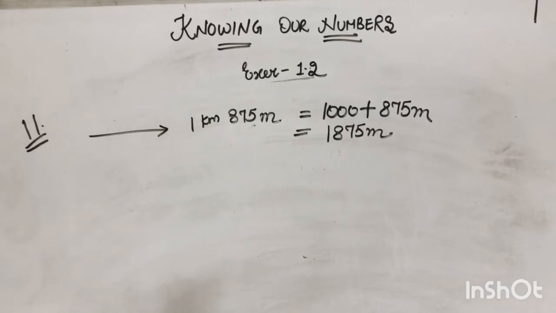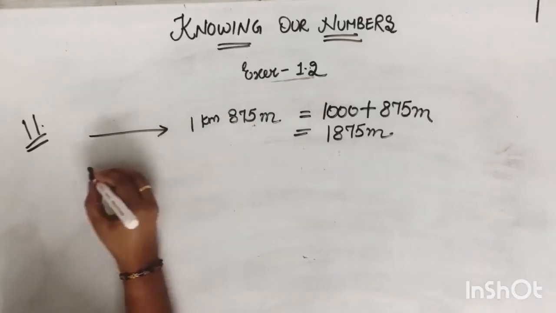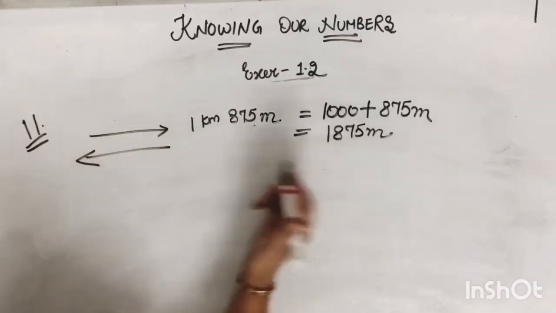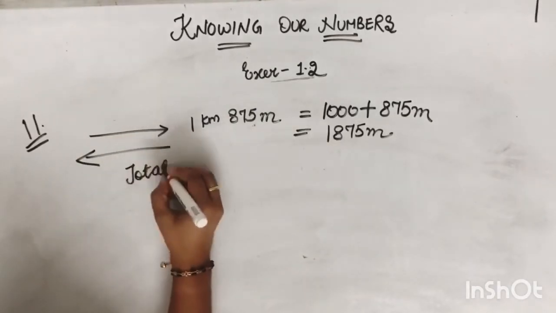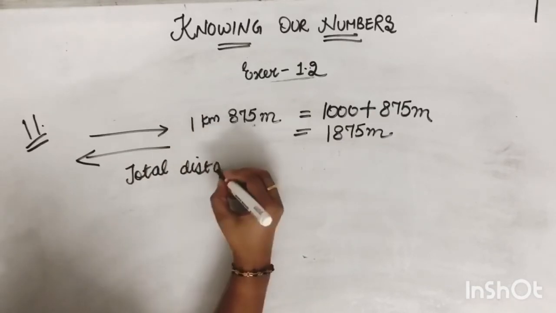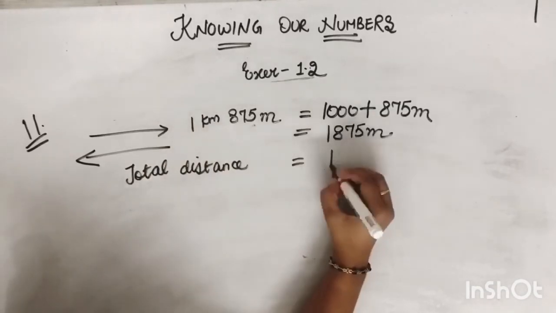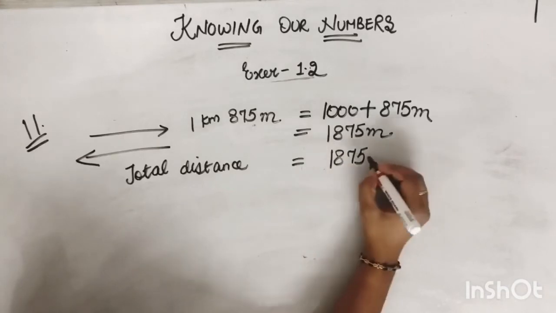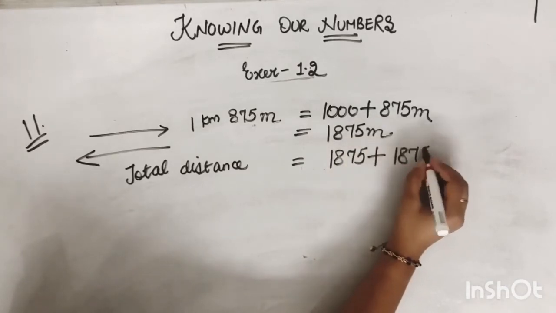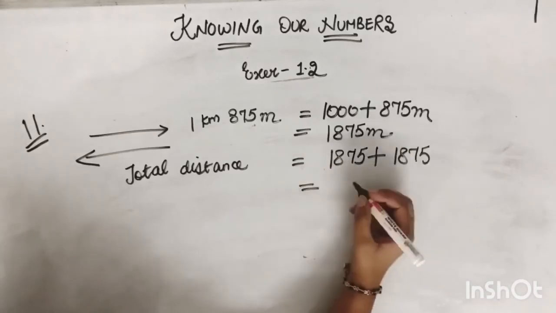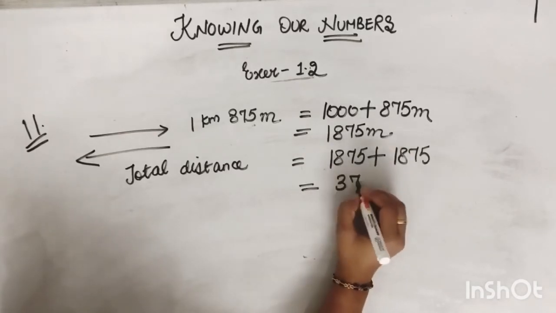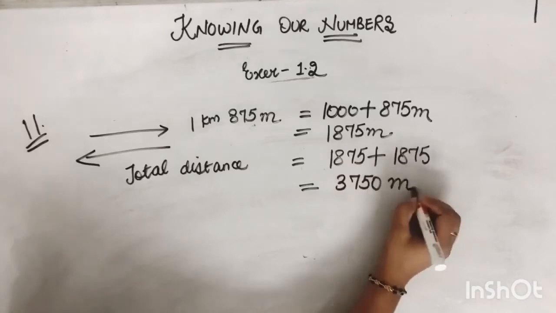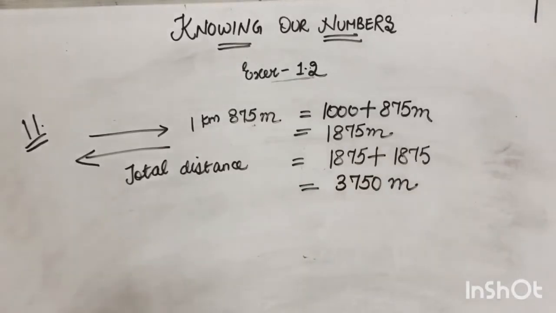Now you have to tell the total distance she covered. Total distance covered will be equal to 3750 meters. Now what they have asked, find the total distance covered by her in 6 days.